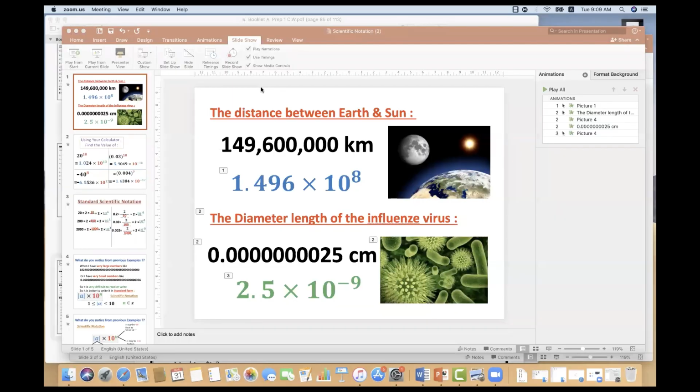Now, girls, I will start today, inshallah, explaining and solving sheet number 2 in the extra sheets, page number 85. Page number 85.